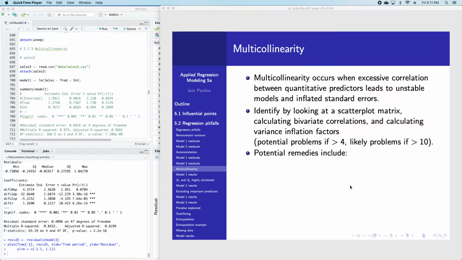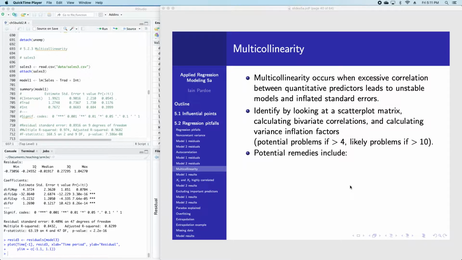And then another way of detecting multicollinearity, and this is perhaps the easiest way to do it, is if when we fit the model we select an option to have the variance inflation factors calculated, or we calculate those with a function after we've fit the model. There's a variance inflation factor for each predictor in the model.